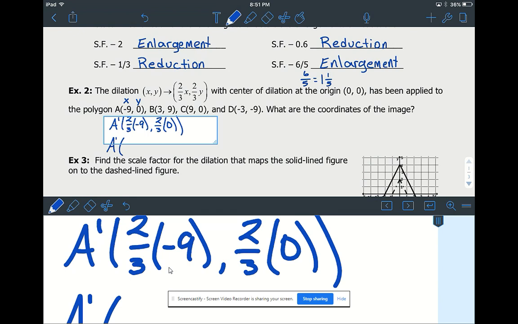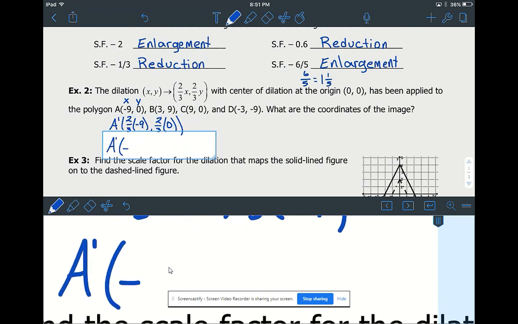I want to lower the number first. So I'm going to divide -9 by 3 because that's on the denominator. So that would give me a -3. And I'm going to multiply -3 by 2, which would give me a -6. So my A prime x value is -6. And then 0 times anything is just 0.